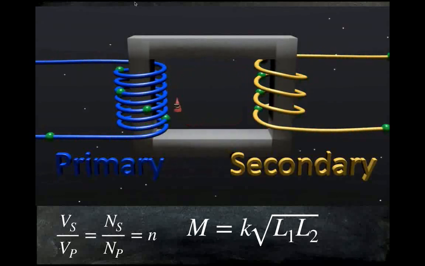In an ideal transformer, K equals 1. The mutual inductance and the coupling coefficient are related through this expression, where K again is the coupling coefficient and L1 and L2 are the inductances of the primary and secondary coils respectively.